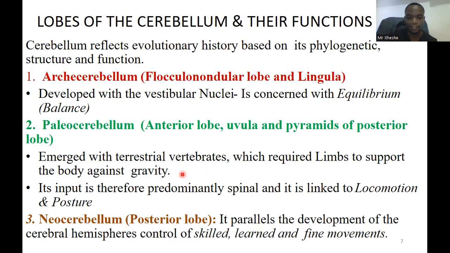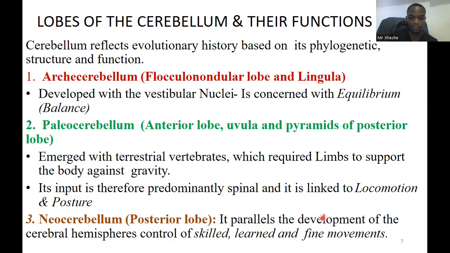Talk of cats, giraffes and so on, all those organisms with a vertebral column. So what is the function there? It helps in locomotion, to coordinate balance plus locomotion and the ability to stand erect. That's when the paleocerebellum comes into play.